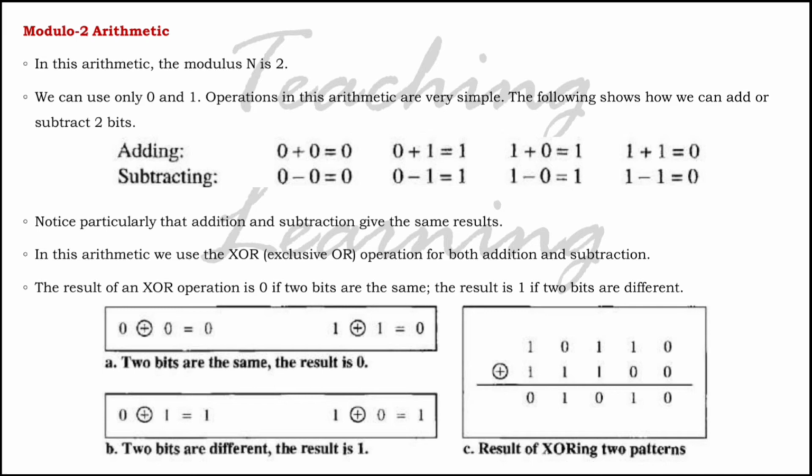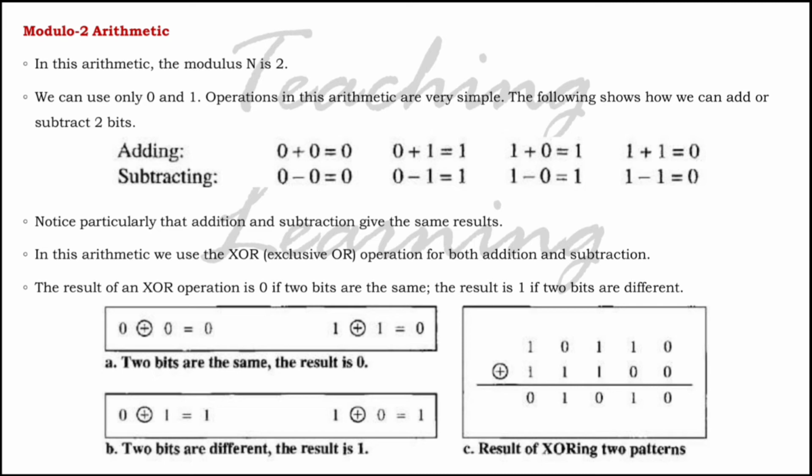If the bits are the same, the result is 0. If the bits are different, the result is 1. So 0 plus 0 is 0, 0 plus 1 is 1, 1 plus 0 is 1, and 1 plus 1 is 0. There is no carry here.